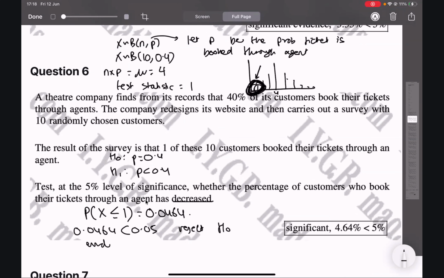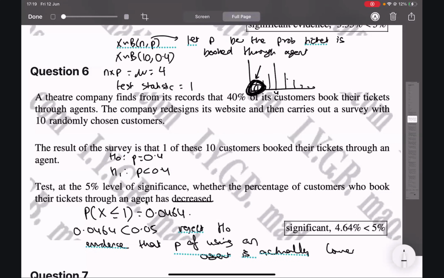There is evidence to suggest that the probability of using an agent is actually lower than 0.4, because we were expecting 4 out of 10, but they got 1 out of 10. And that probability was less than 0.05, so we need to update our model. Okay. Cool.